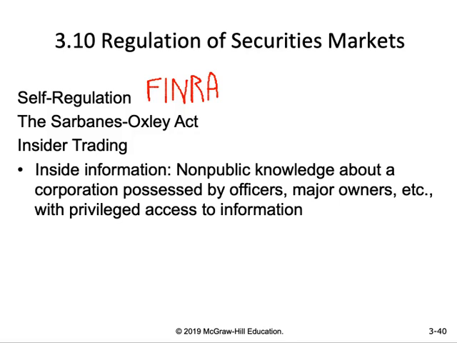It was created by and run by all the member broker-dealers, financial institutions. However, the SEC has oversight. I mentioned that earlier, that they oversee FINRA. FINRA does the licensing of stockbrokers and so forth. So they're kind of the first level of oversight for the industry.